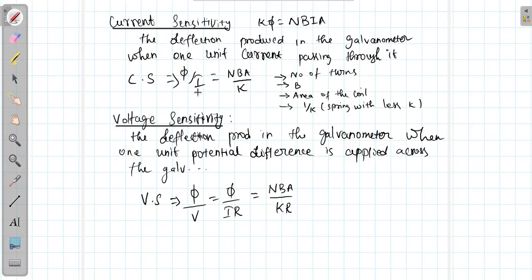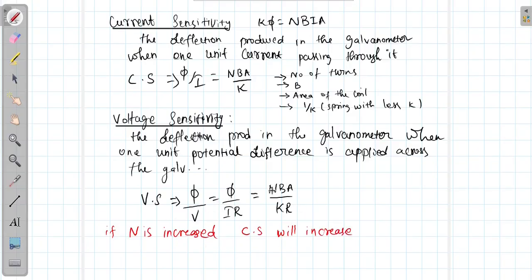Suppose I increase current sensitivity by increasing N. If N is increased, current sensitivity will also increase. But what happens to voltage sensitivity?